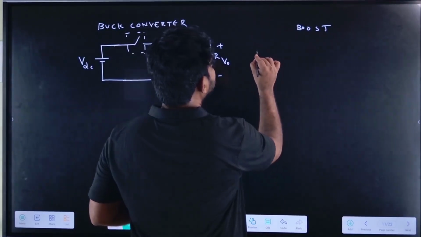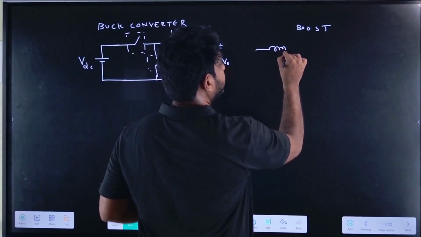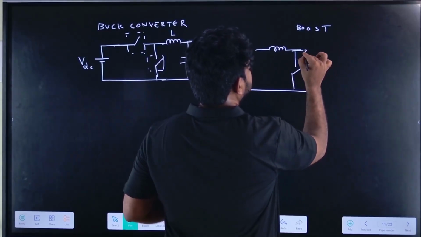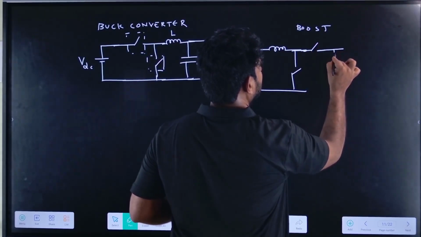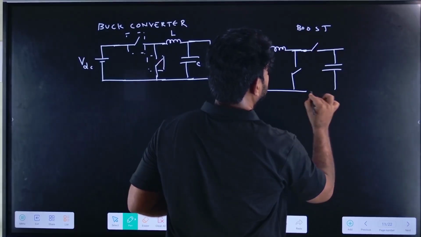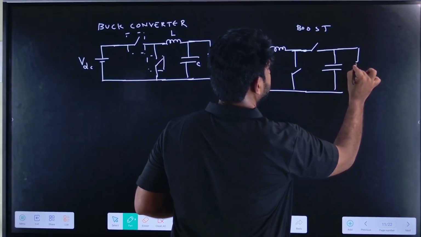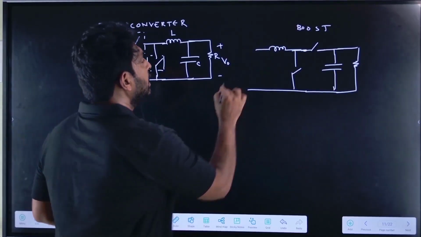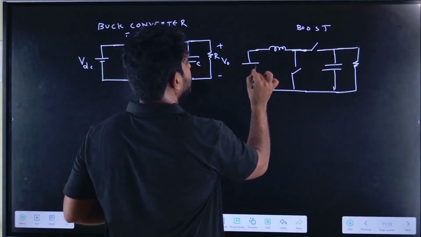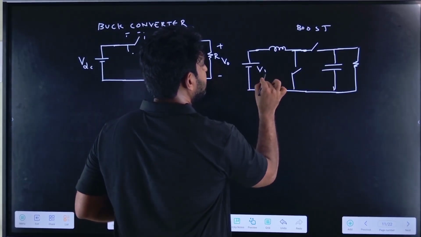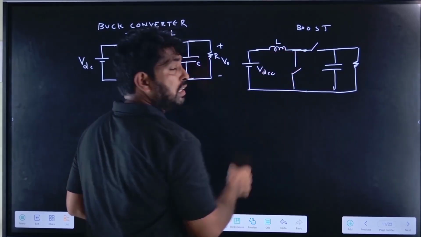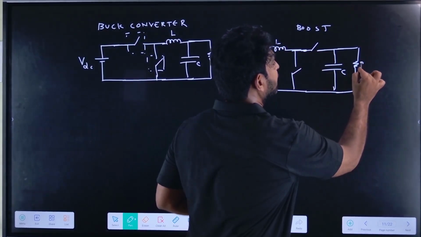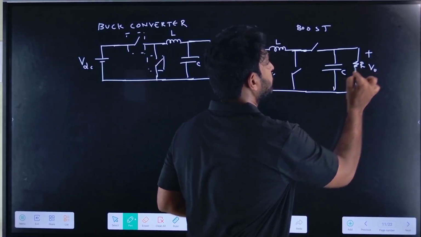So the inductance is connected on the source side, with the shunt switch, series switch, and the capacitance and load. We can call this a boost converter: VDC, L, switch 1 and switch 2, capacitance and the resistance, with plus minus V0.